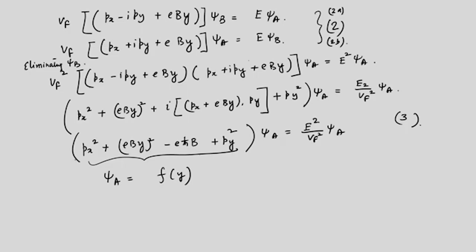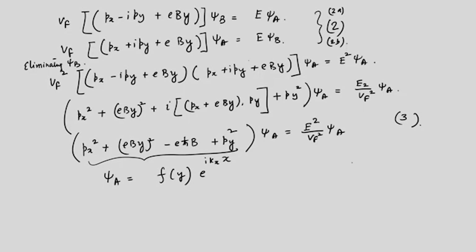So it is a free particle in the x direction, and like a harmonic oscillator in the y direction, because Py will not commute with y. So the wave function is e to the i kx x. Of course, there is a complicated normalization constant which we are not writing, but it is there, okay.